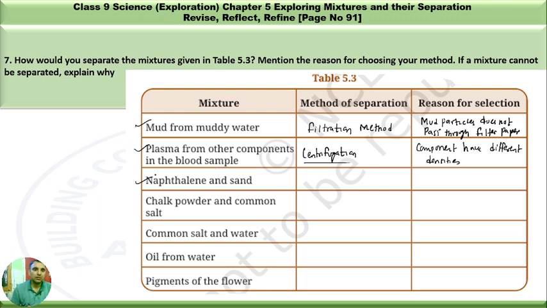Third one is naphthalene and sand. Here we apply the sublimation method. As naphthalene is a sublime substance, when heated to some temperature, the solid substance which is sublime in nature directly vaporizes without coming into liquid state.